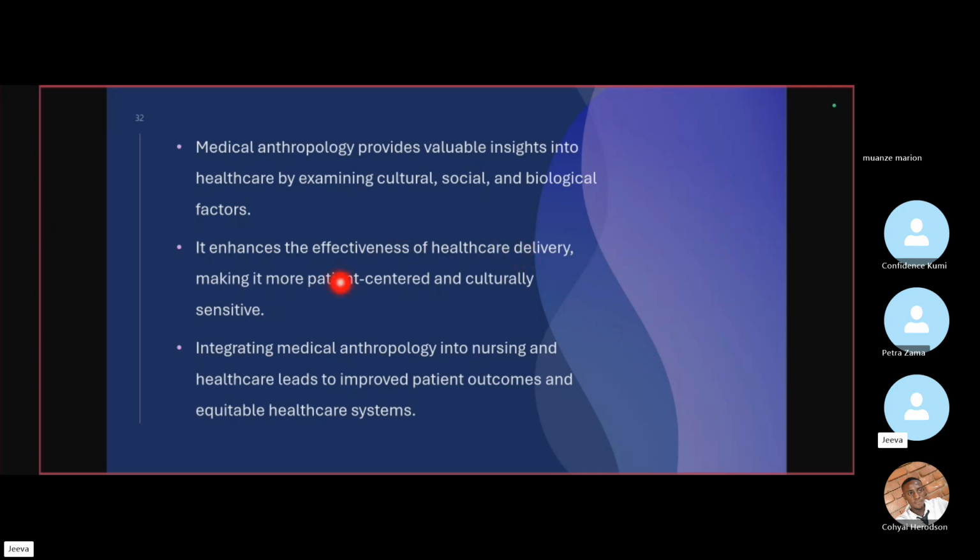As I told you, you can understand your patient very well, and you can improve the effectiveness of your healthcare delivery, making it more patient-centered and culturally sensitive. And you can also integrate medical anthropology into nursing and healthcare, which will lead to improved patient outcomes and an equitable healthcare system. So that's how medical anthropology will provide a proper healthcare system.